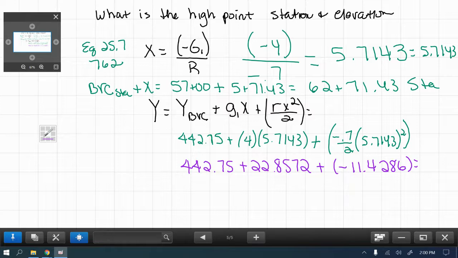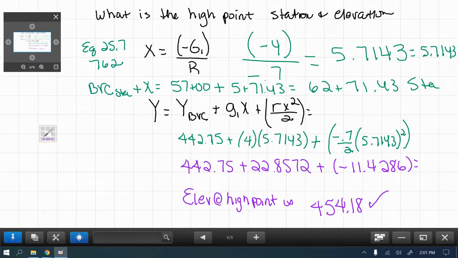All right, so 442.75 plus my 22.8572 minus 11.4286. I got 454.18. So that's my elevation.